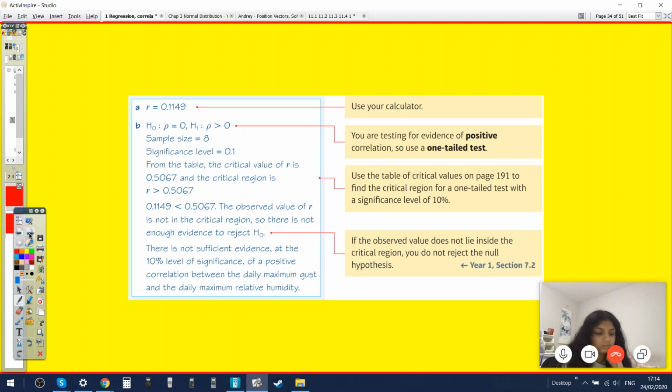Let's see. Sample size is 8. It says you should. Yeah, but it's 10%. We only have, it looks like this. Okay. Wait, that might be the wrong one. Because there's a Spearman's rank one as well, but it only goes up to 10% for two-tailed tests. It only goes up to 5% for one-tailed.